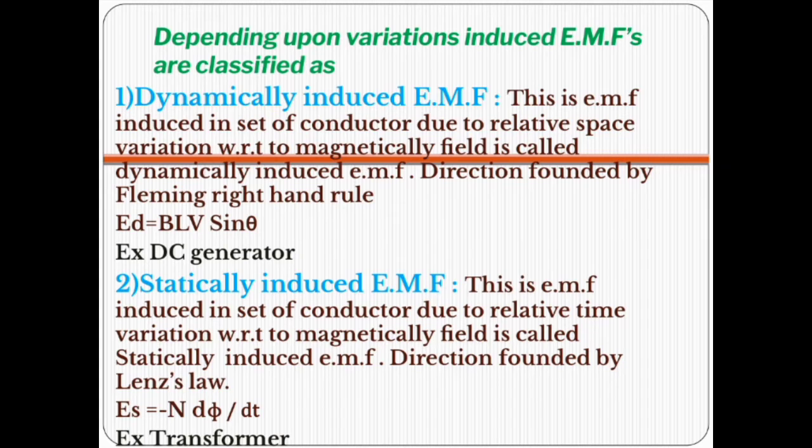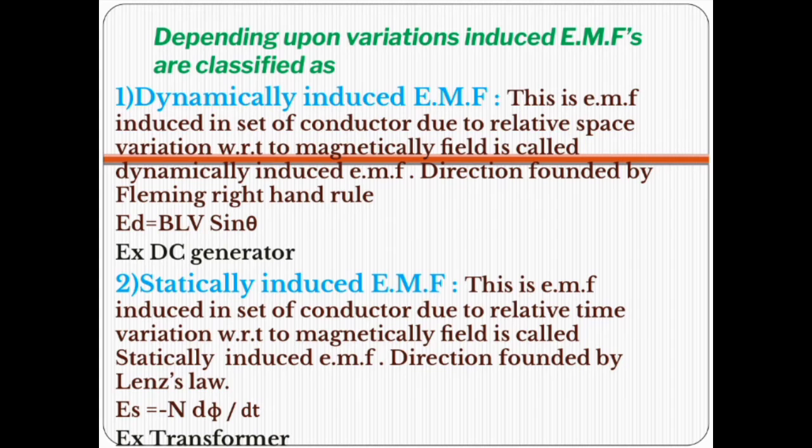Coming to the next one, statically induced EMF. This is where there occurs relative time variation. Once again, if there exists relative time variation between the set of conductors and magnetic field, then it is statically induced EMF.